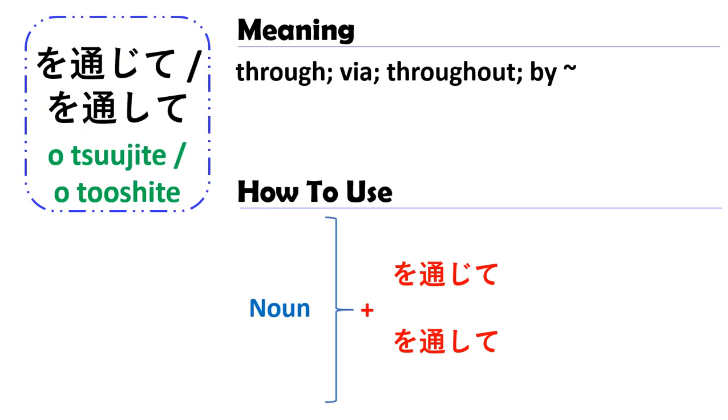It has the same meaning. You can use whichever one you like. There is no right or wrong, it just depends on you. So to understand more about how to use the grammar of o tsuujite or o toshite, next we are going to see some examples together.